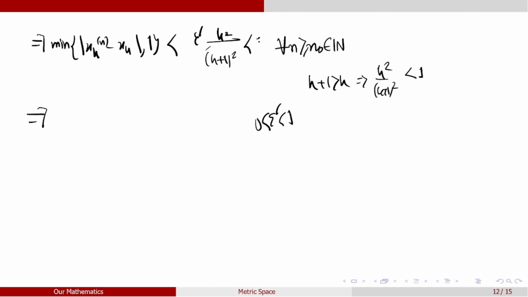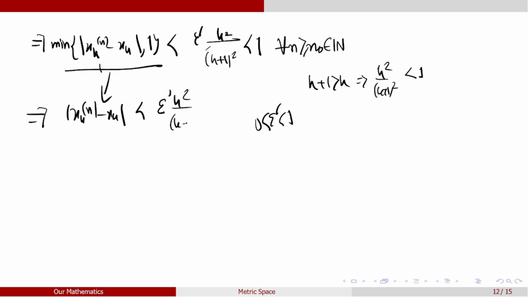Since the minimum of |xkn minus xk| comma 1 is less than 1, the minimum can't be 1, so the minimum should be |xkn minus xk|, and this is less than epsilon prime, which is already less than 1, for all n greater than or equal to n naught.